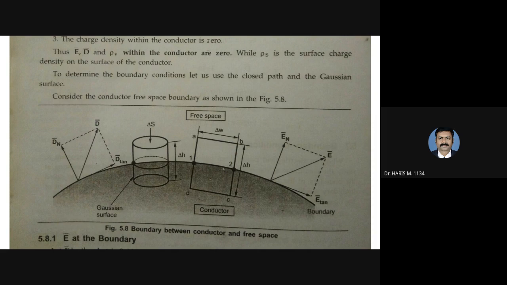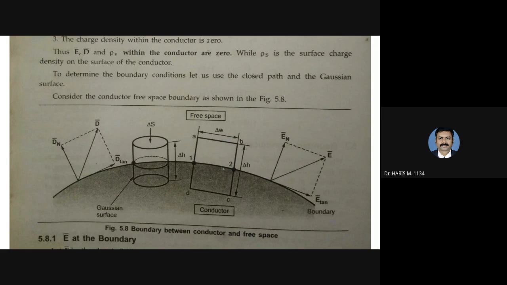You can see there are 2 points shown here, 1 and 2. Points 1 and 2 are on the boundary of the conductor, and above the boundary we have the free space, and below the boundary we have the conducting material, right? Similarly, in the cylindrical shape, there is a boundary present.